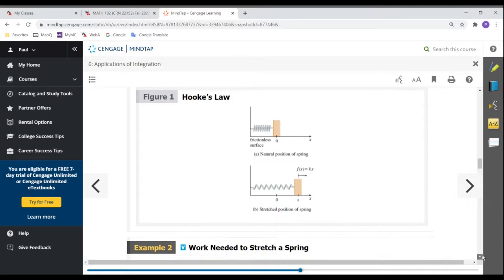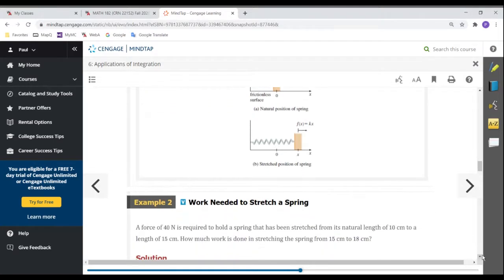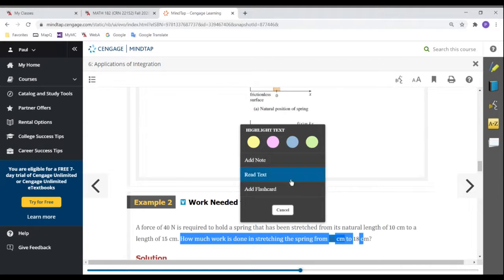So, work needed to stretch a spring. In example 2, they say suppose that a force of 40 newtons is required to hold a spring that has been stretched from its natural length of 10 centimeters to a length of 15 centimeters.